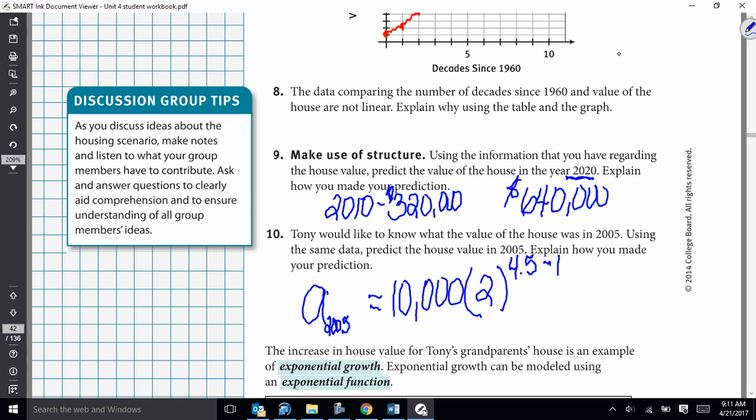So 4.5 minus 1 is 3.5. All right, so 2 to the 3.5 power is how much? 11.31. What's 11.31 times 10,000?